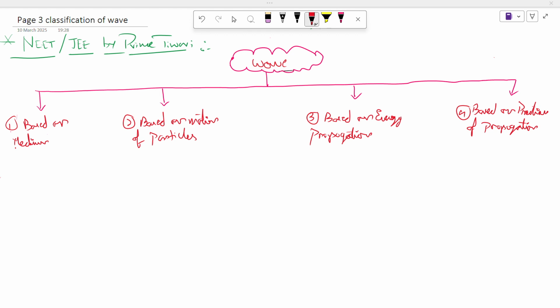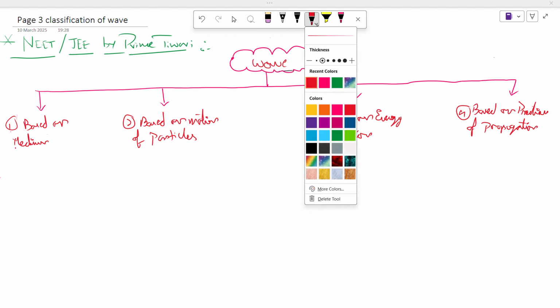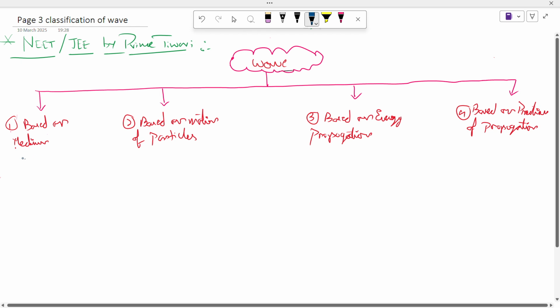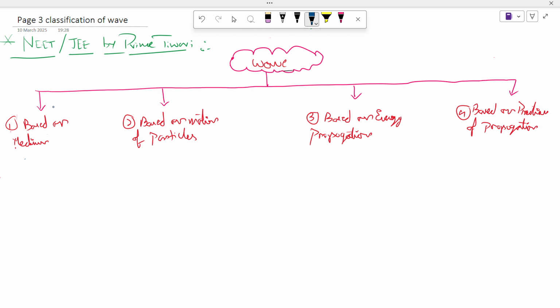Next, it is further classified. First of all, we can discuss the short forms. Medium is the first, the second is based on the MOP, that is motion of the particles.